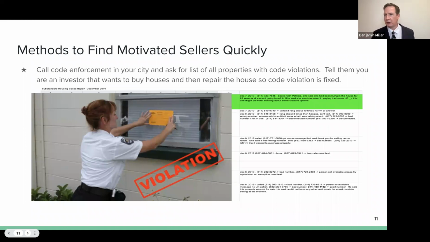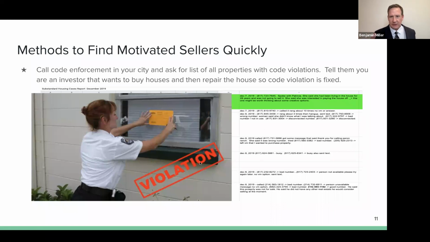Fix this, or we're going to charge you a lot of money. That creates a motivated seller, because he gets one of those violations and he thinks, I didn't have enough money to fix the problem. And now I'm being told that if I don't fix the problem, I'm going to get charged more money. That ain't good. So that is an example of code violations.